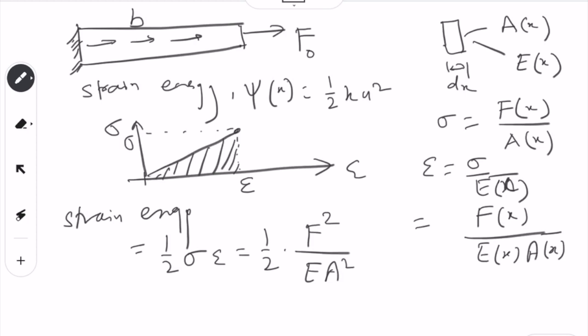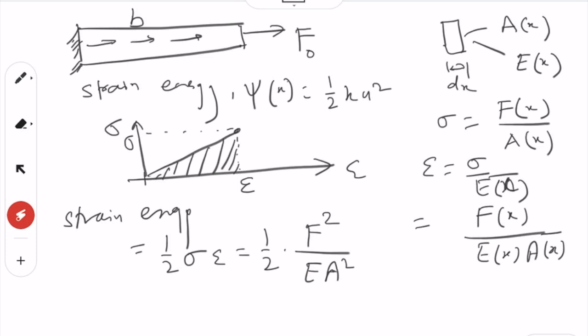We can also write it in a different form, but this is the basic one. Now we are looking at this small section, and for that we first have to find out the normal force here, and then divide it by area and Young's modulus.